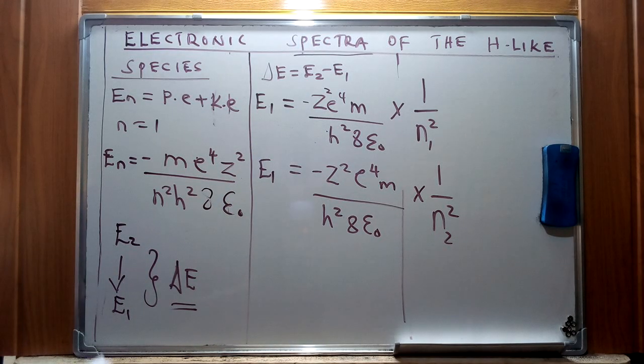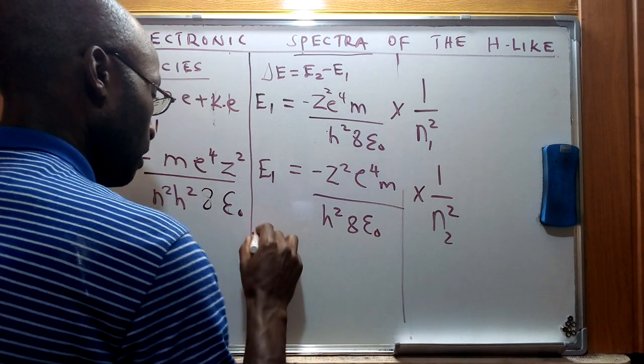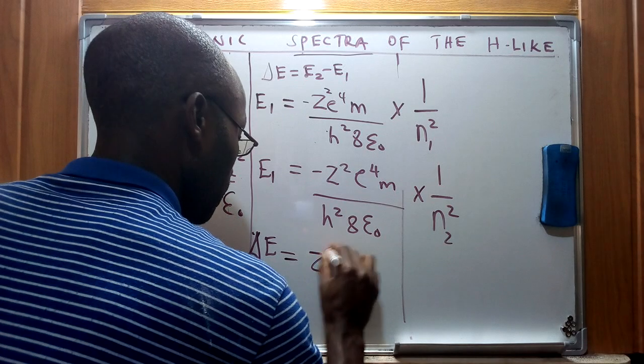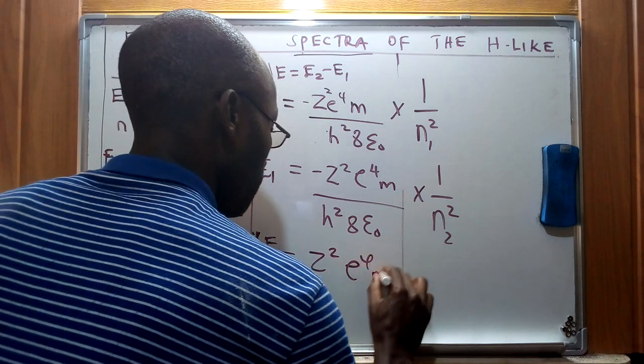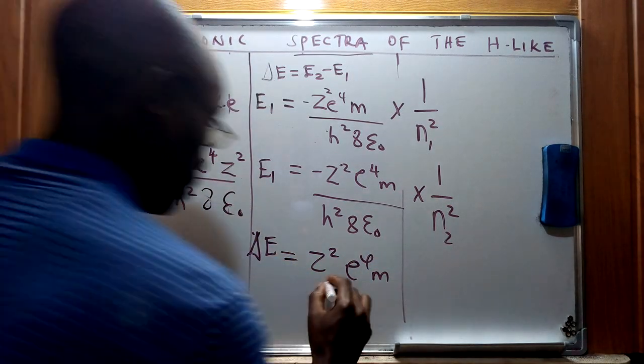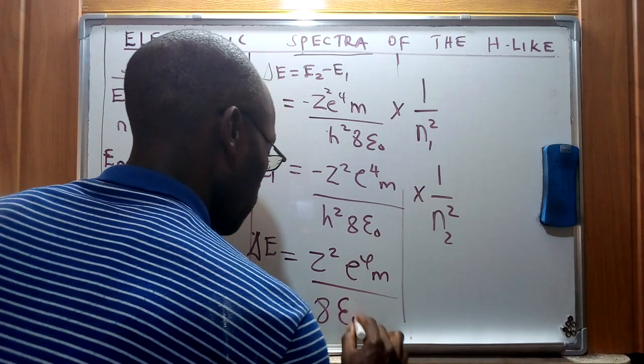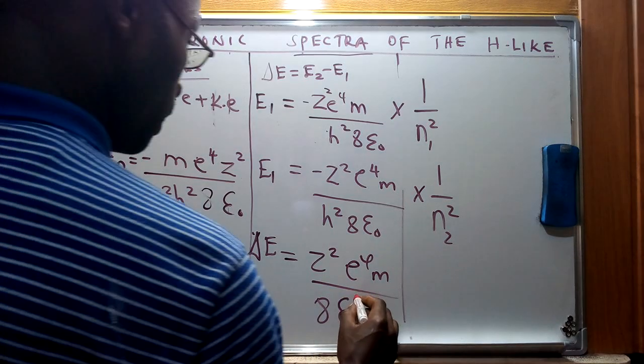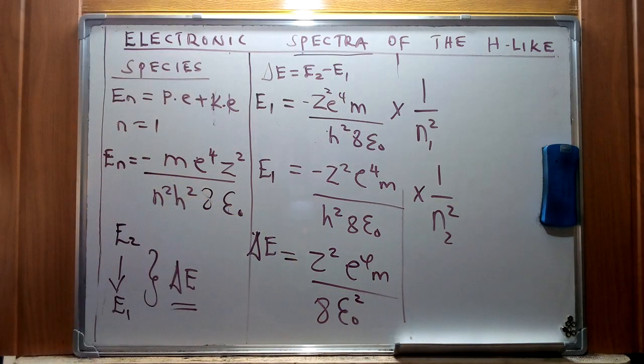If we do that, we have delta E given as Z squared e to the power 4 m all over 8 epsilon naught squared. We just confirm this from the previous example that we had given.